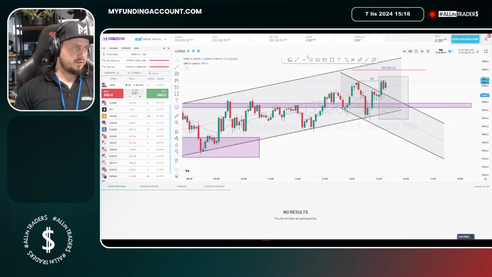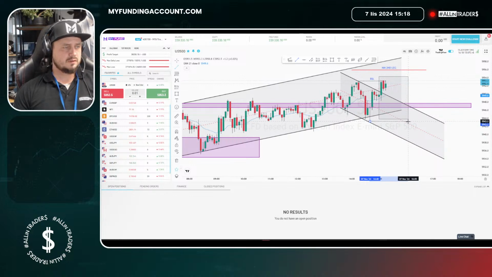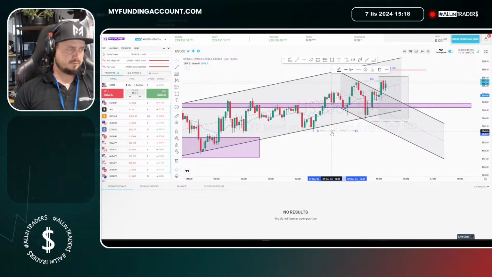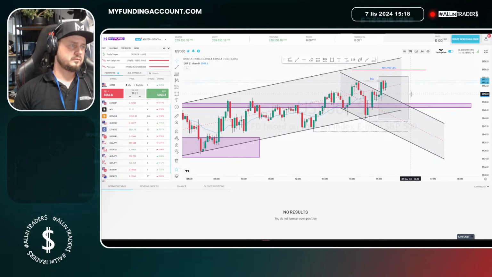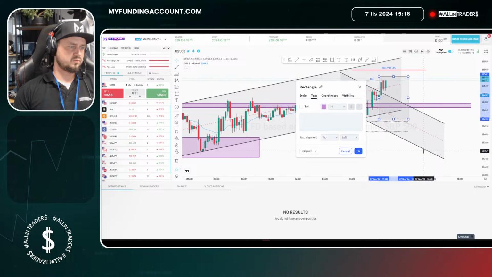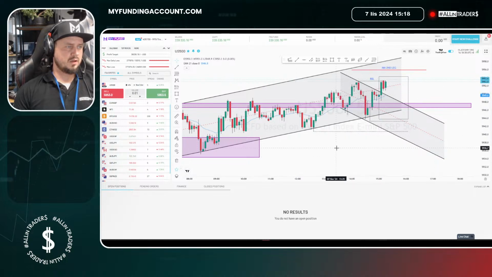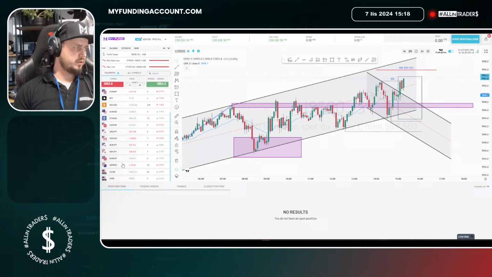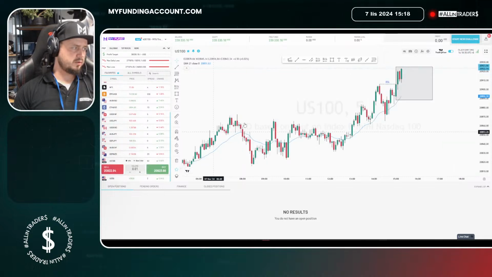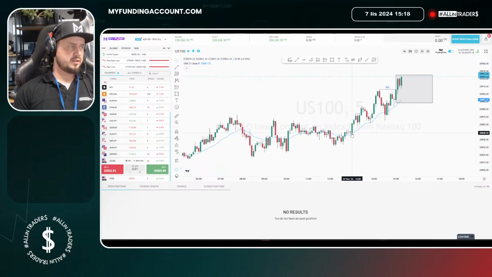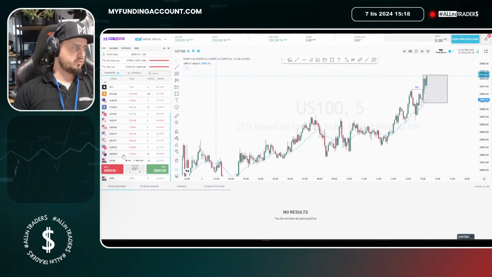But we need to wait for the price to get to the liquidity zones. Okay, and what else? We were talking about US 100. No reaction at this moment, so not really.